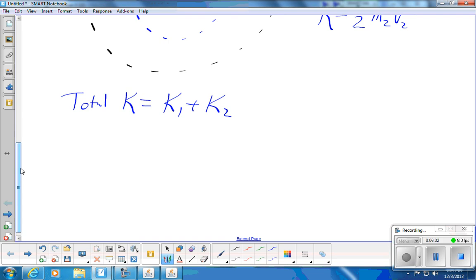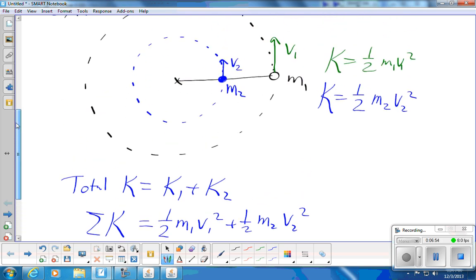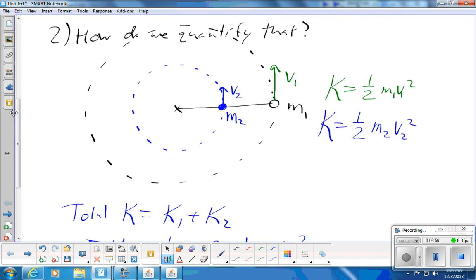Okay, let's add them up, and let's plug in the actual values we have. We have 1/2 M1 V1 squared plus 1/2 M2 V2 squared. And we could say, that's nice, we're done, that's the total kinetic energy. But what I'd like to do now is take advantage of something that we know is the case, because we can simplify these equations a little bit.